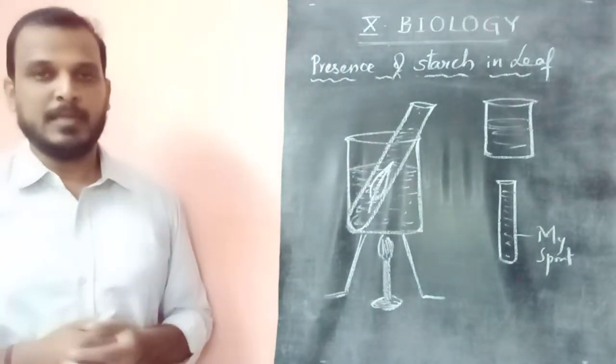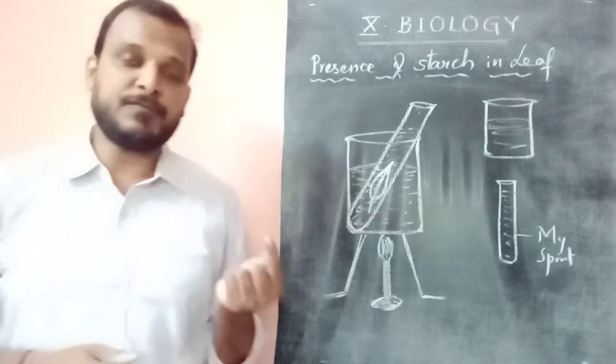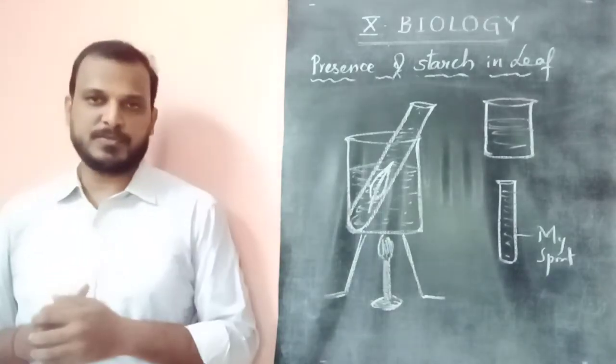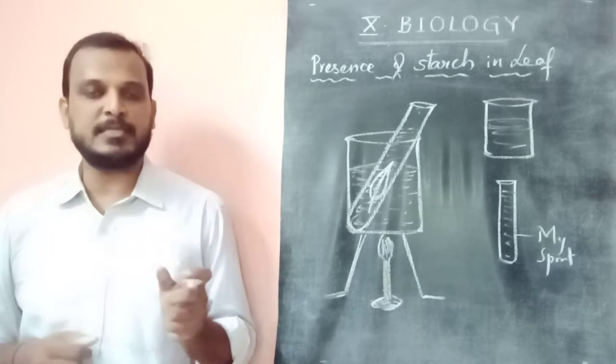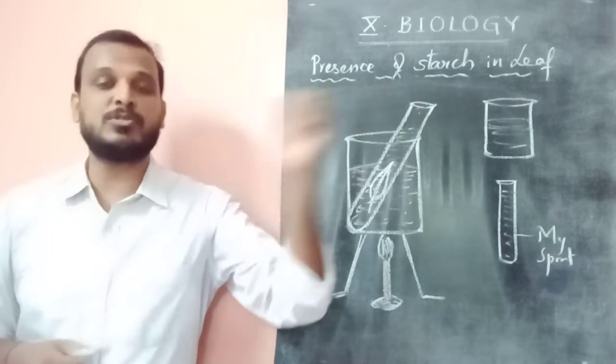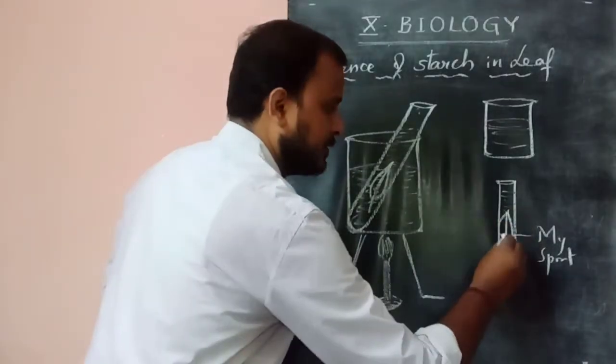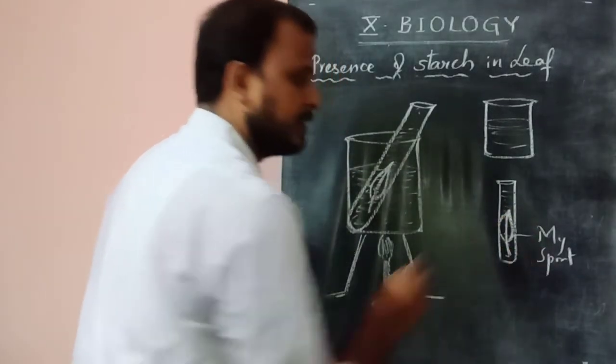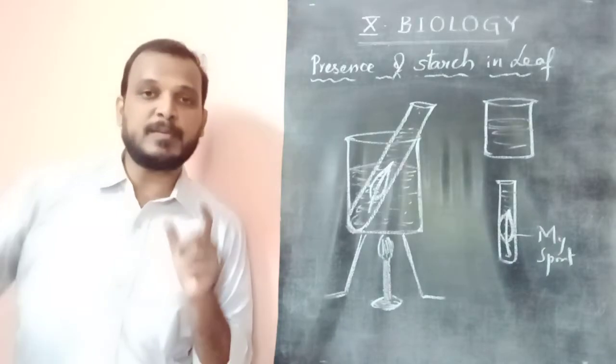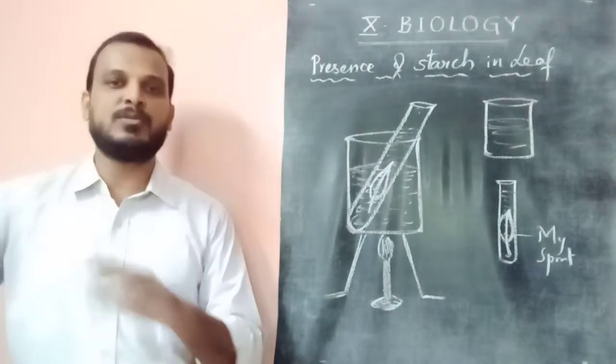Later, take the leaf to be tested for the presence of starch, which is exposed to sunlight, into this test tube. So we have taken the leaf into the test tube containing methylated spirit.